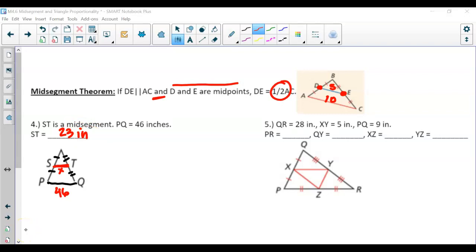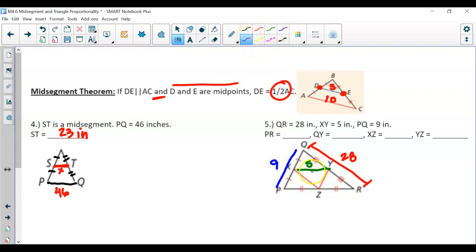And here we go. So now notice QR is 28, so this whole side here is 28. XY, this piece here, was 5 inches. And PQ, the entire side here, is 9 inches. Now we're solving for these missing pieces.